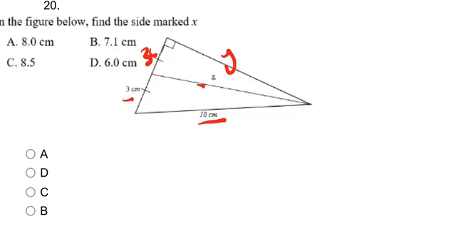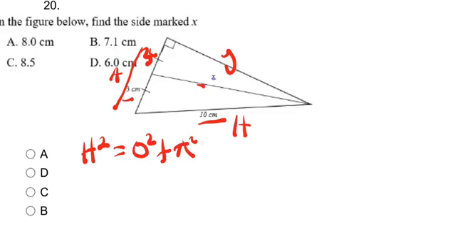So what we're going to do, we make use of this base here, which is 6 and 10. So this is hypotenuse, this is opposite or adjacent, whichever one. So we use Pythagoras theorem. You can see that we are not dealing with angles here, we're dealing with size. Pythagoras theorem says hypotenuse squared equals opposite squared plus adjacent squared.